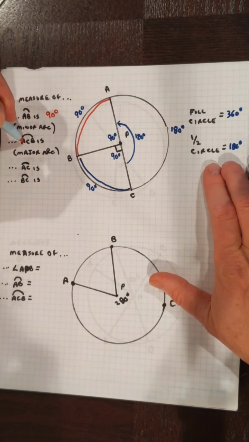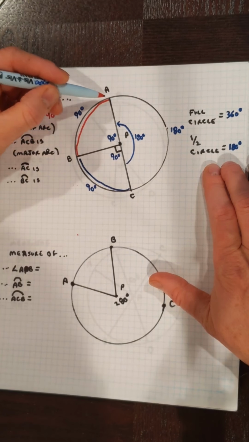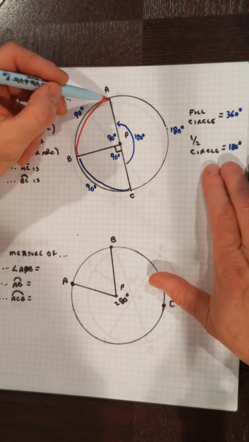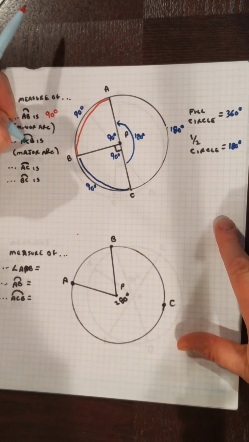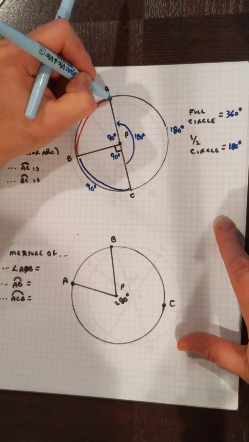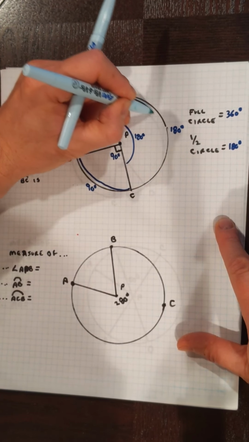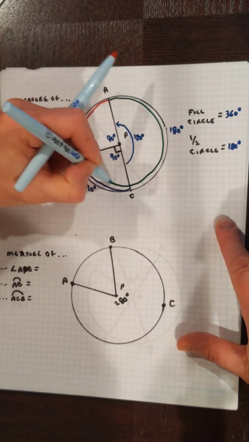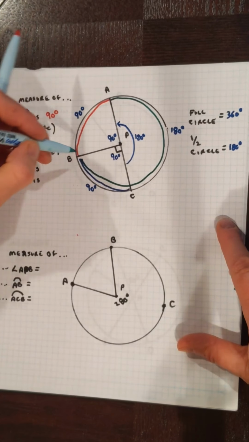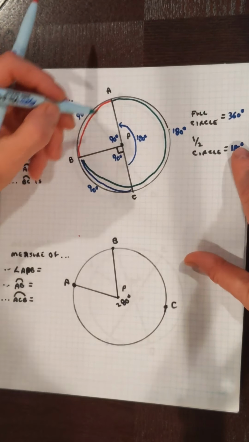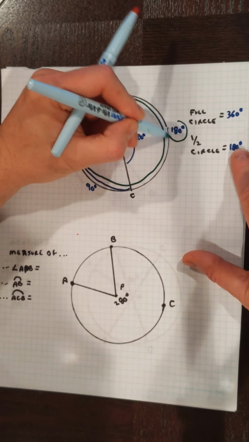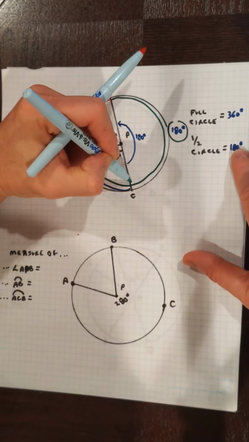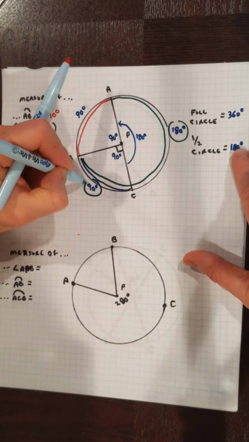Now this one, arc ACB, is like AB, only this time instead of going from A to B, you have to go around the other way. So I have to go A to C to B. If I trace the arc ACB, it's a combination of the 180, this far around, and the 90.